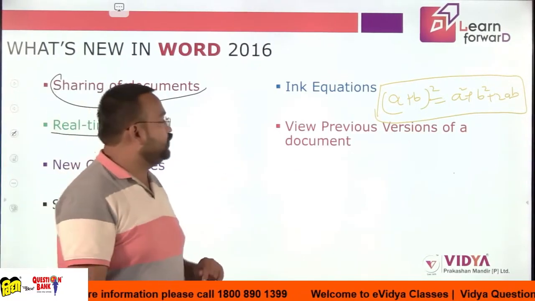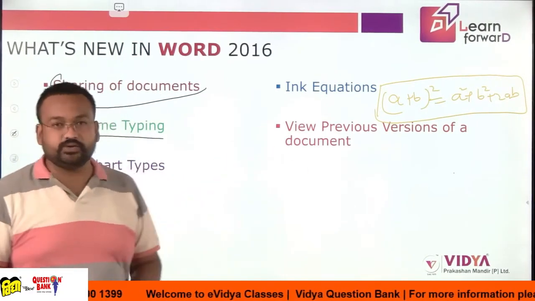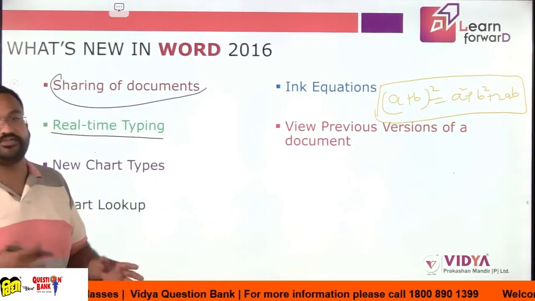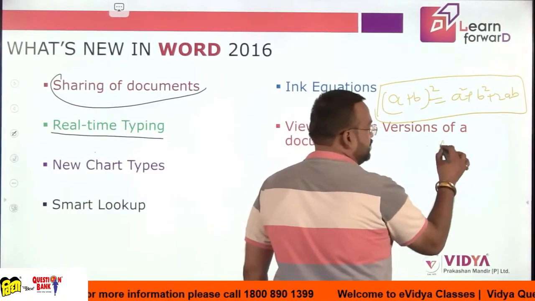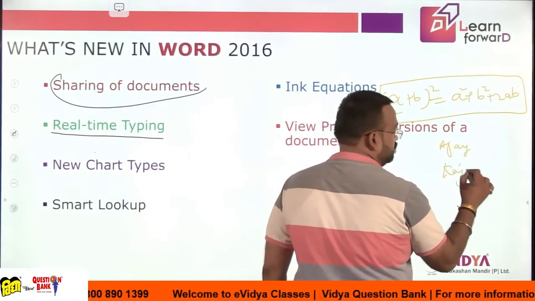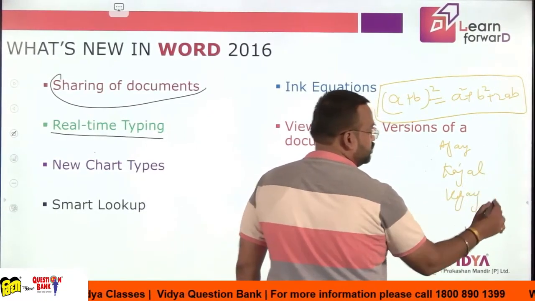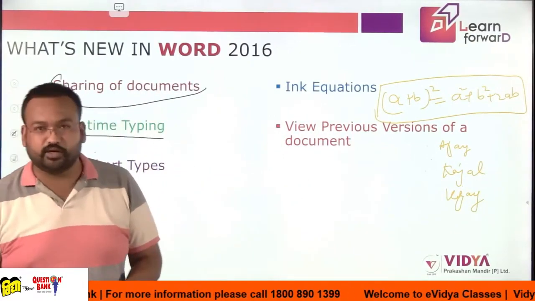Then we can see view previous versions of a document. This feature allows you to check who has made changes to the document you have shared. Suppose you have shared your document with your friends, let's say Ajay, Kajal, Vijay, and they are all working on the same document that you are working on.